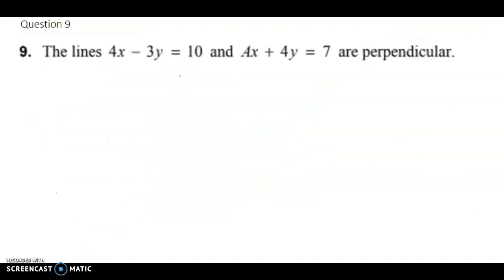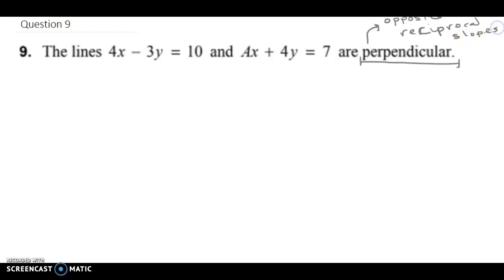All right, so this is the same process. The only difference is that we want the lines to be perpendicular. So if you recall from middle school and last year in geometry, perpendicular lines have opposite reciprocal slopes.